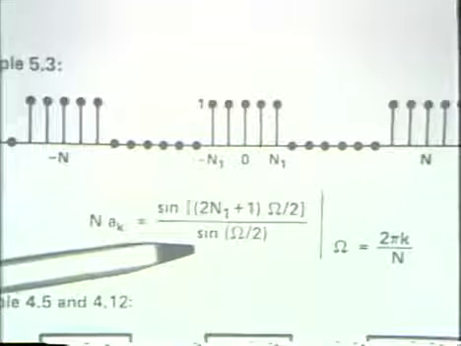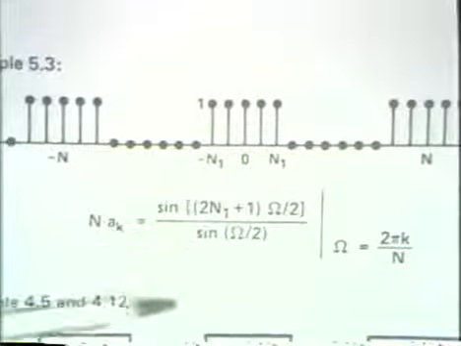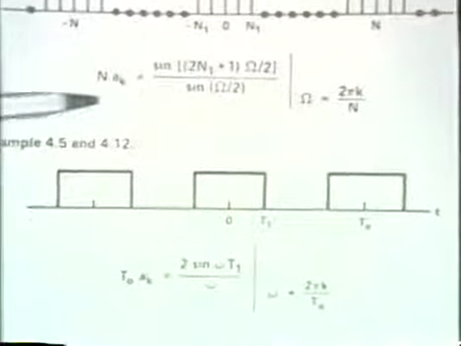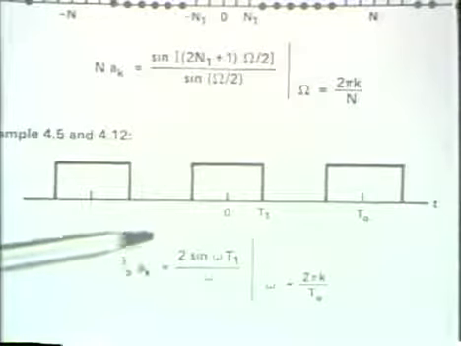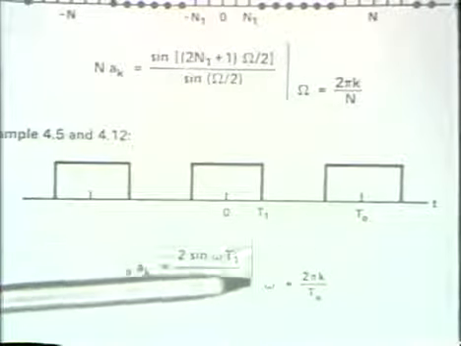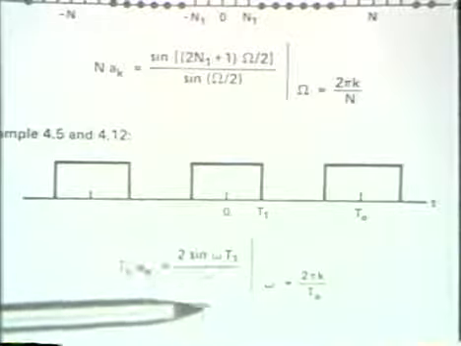Let me just compare it to a continuous time example, the continuous time square wave, where the Fourier series coefficients were samples of what we referred to as a sine x over x function.